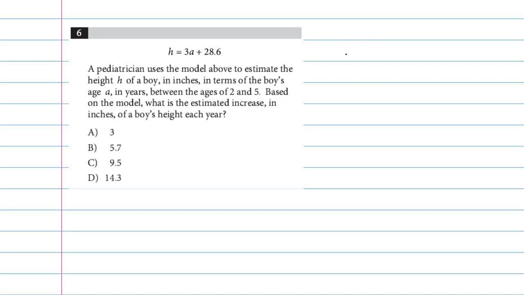So this is also a y equals mx plus b type of question, where you have y equals 3x plus 28.6, except that they have just changed y to h, x to a, things like that. So remember, this is the same type of question that you have been used to so far.